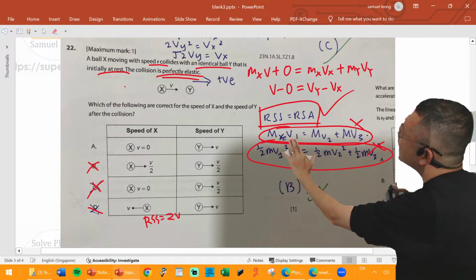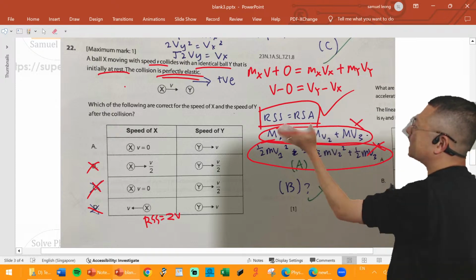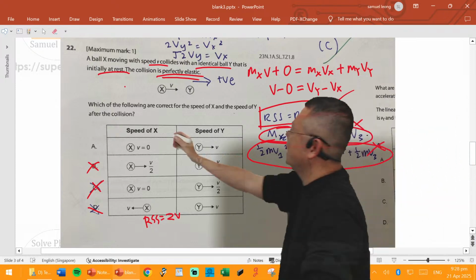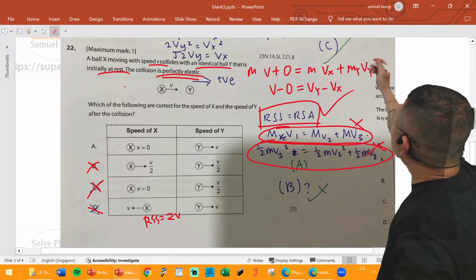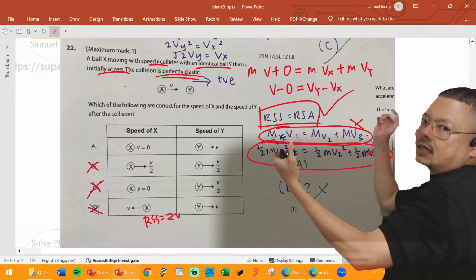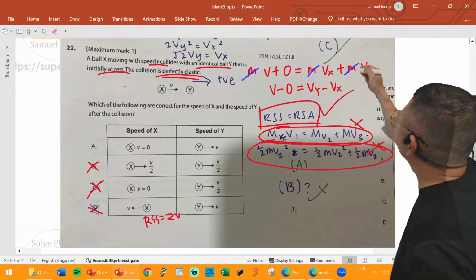The mv1 is correct, the mv2 is correct, and the m3 as well, because it's the same m. In fact, if m is the same, then I can cancel out the m.